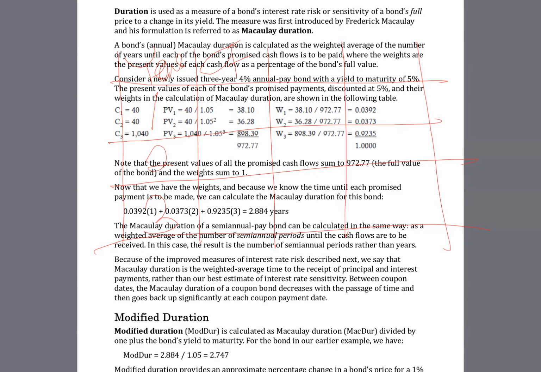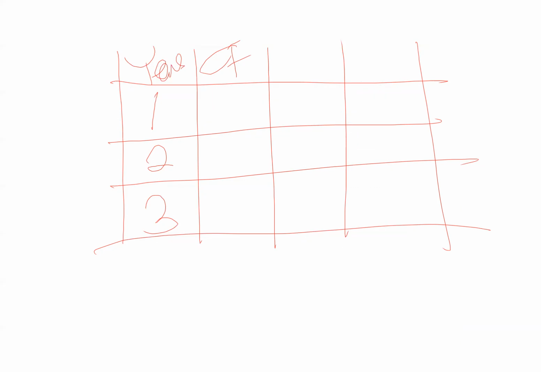I put period 1, period 2, period 3. So this is the years or the periods. What are the cash flows? Going back to the question, the face value of this bond is 1,000. So what is 4% of 1,000? I believe it's 40. In the second year you receive 40.